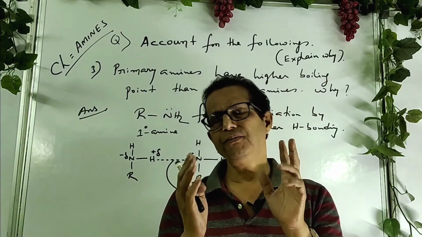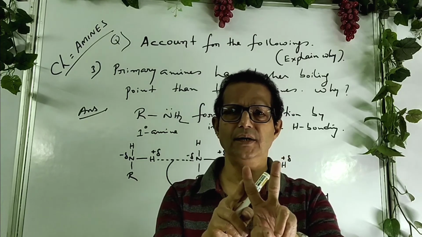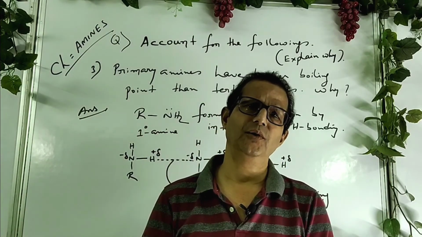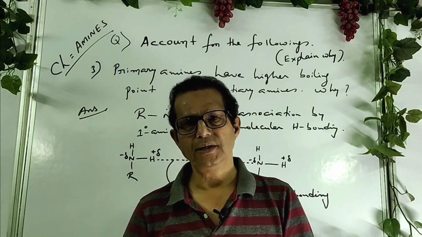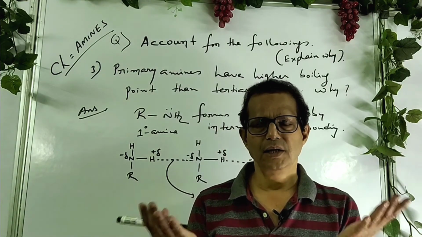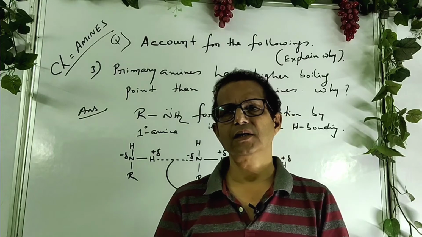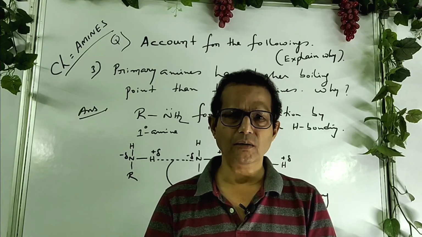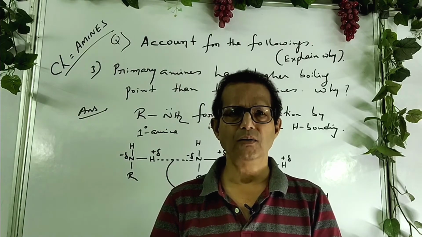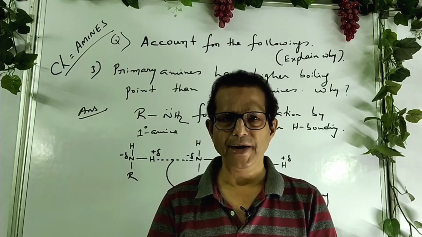Now, if two compounds are there and neither forms hydrogen bonding, how to explain the boiling point? It is the molecular mass. Greater the molecular mass, higher will be the boiling point, okay? Greater the molecular mass, higher will be the boiling point.